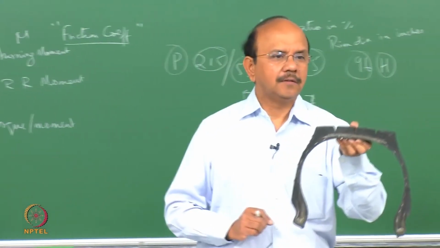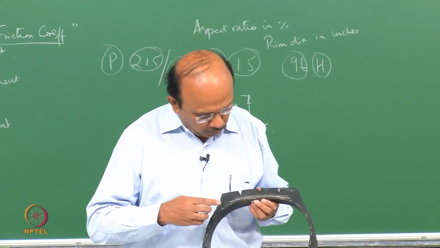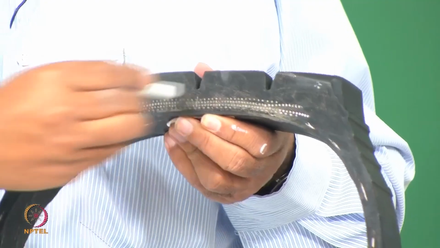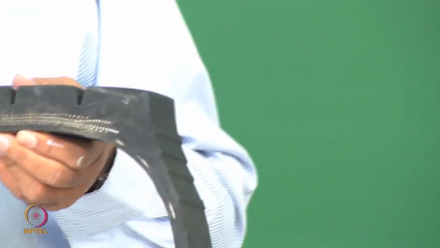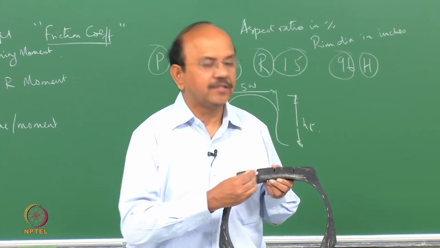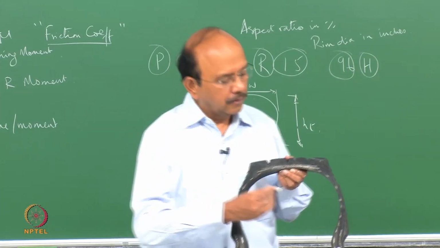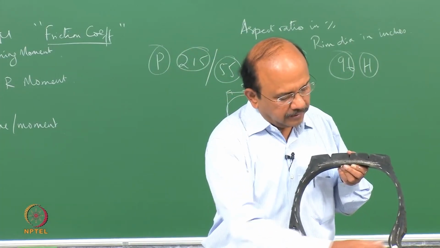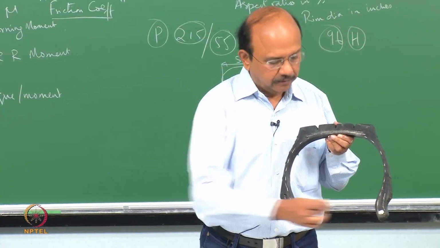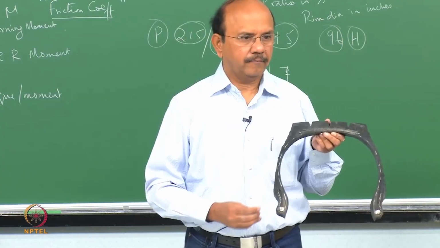You would notice that there are a number of reinforcements, and that these reinforcements in this tire are made up of steel. You would notice there are chunks of steel on either side. Actually, that's what is called a bead.